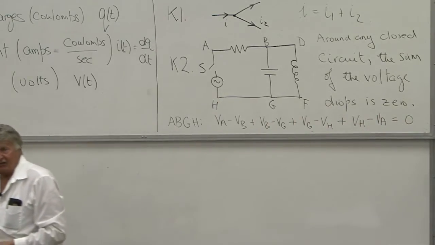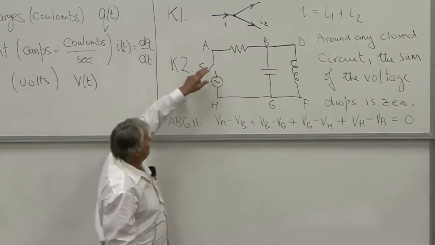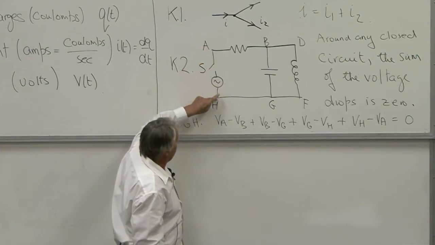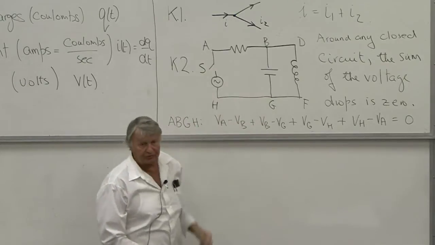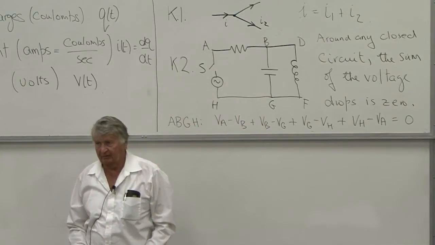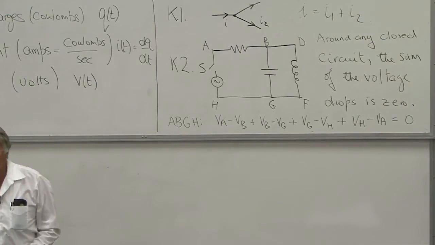It's very natural, because another way of looking at it is, the voltage drop from here to here is the same as the sum of the voltage drops around those three legs. Right? It's very simple.